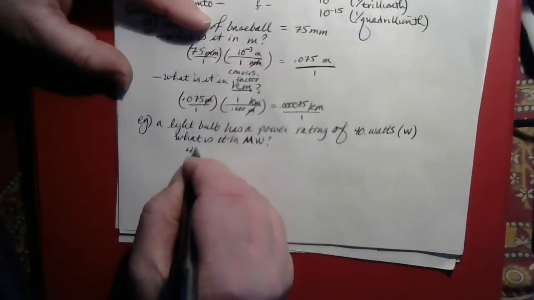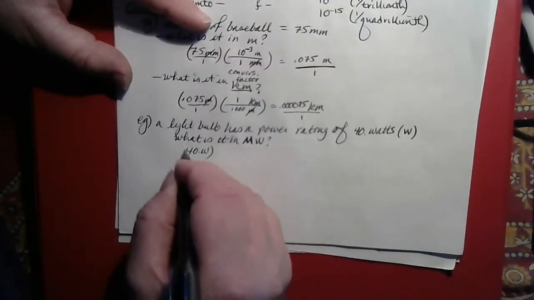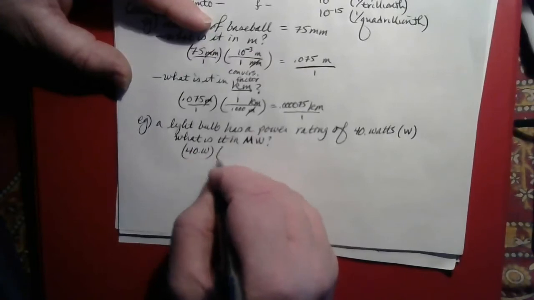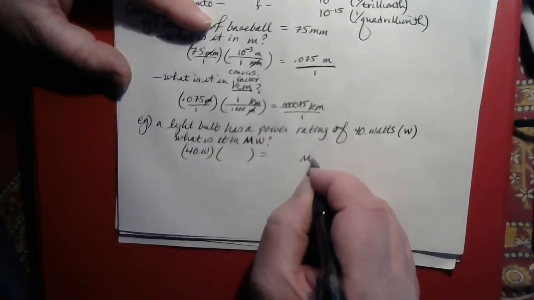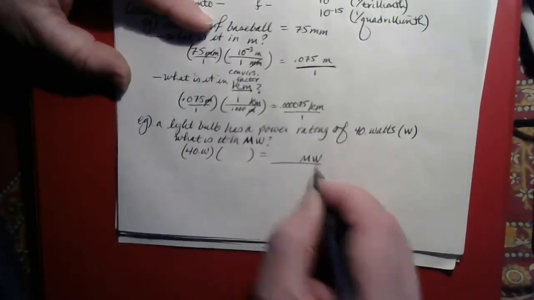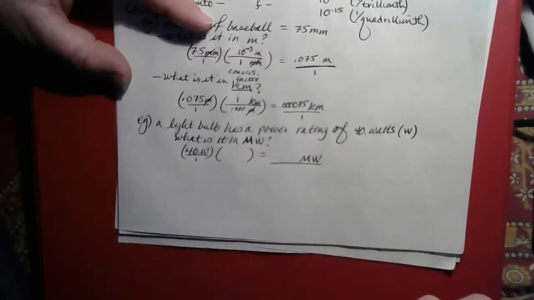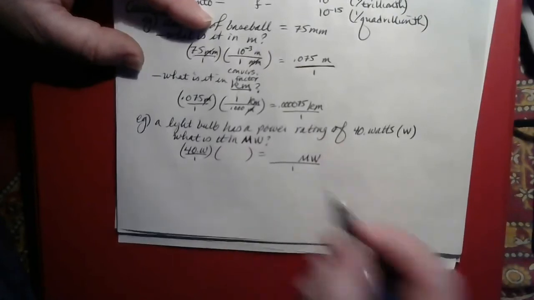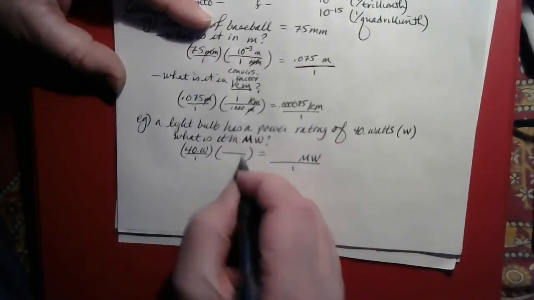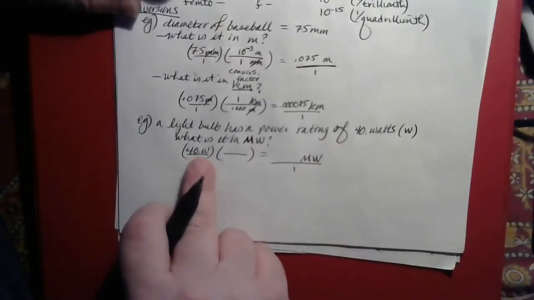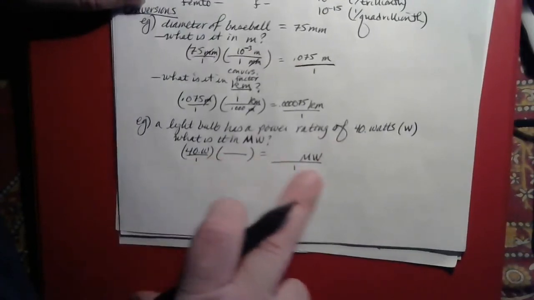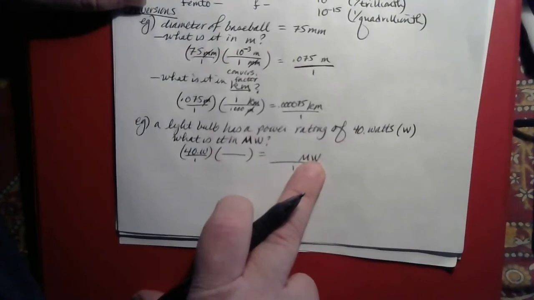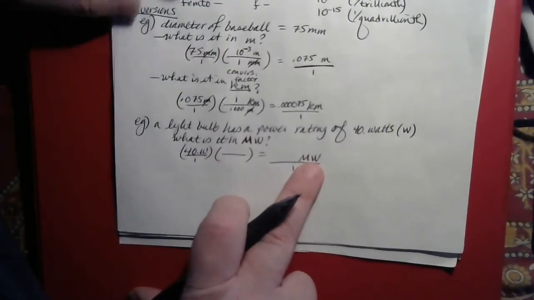Let's see, 40 watts times a conversion factor, and we want megawatts. 40 watts is in the numerator, as is the megawatts. Again, we are going from a metric unit with no prefix, like watts, to a metric unit with a prefix, like megawatts.